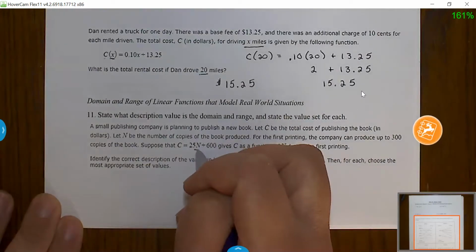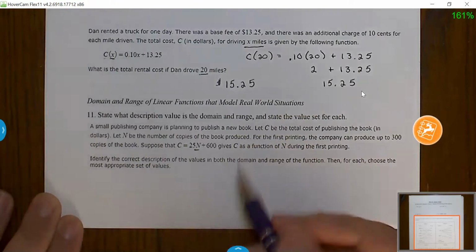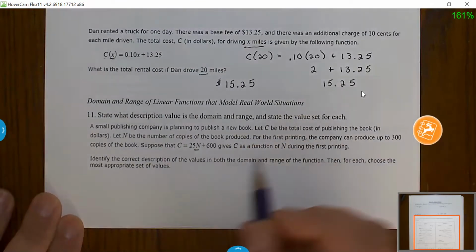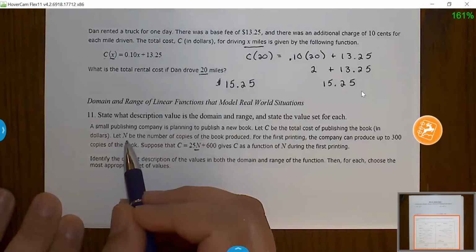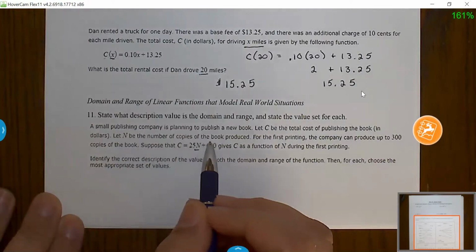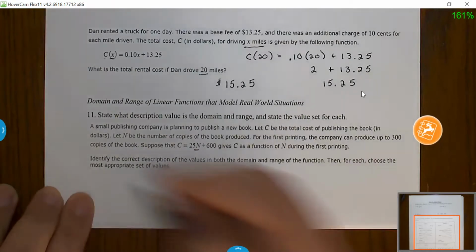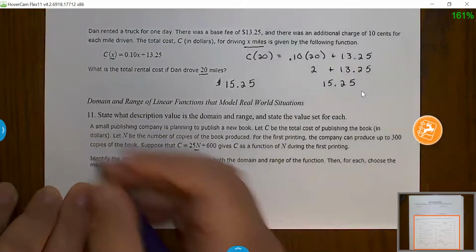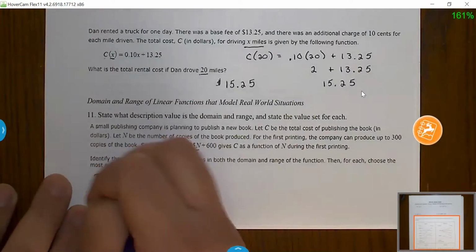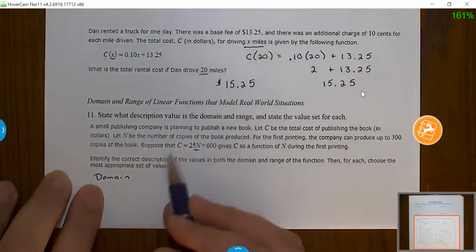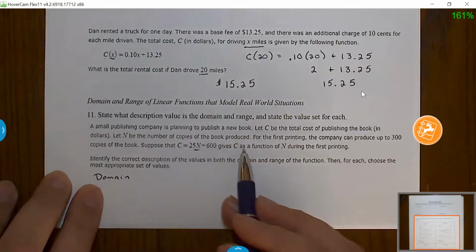So we're looking at N being that value that we would plug in. N stands for the number of copies of the book produced. So our domain would be N, the number of copies of the books produced.